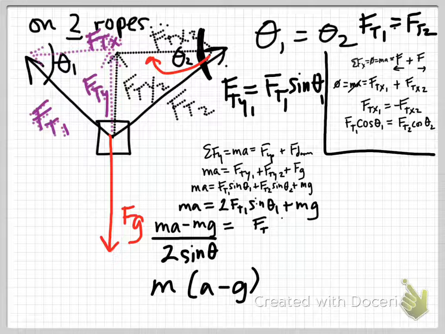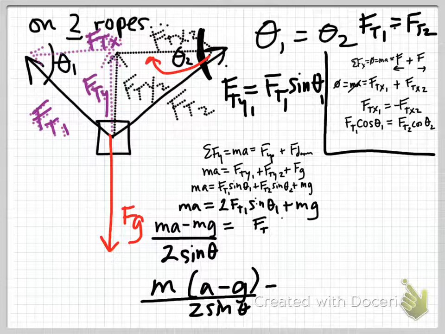We have m times (a minus g) over 2 sine theta is equal to the force of tension. Being able to get it down to the simplest possible equation matters because you're going to end up substituting things. Okay? Questions, comments, concerns?